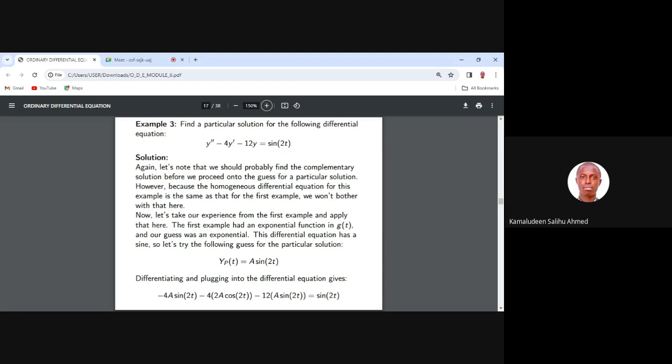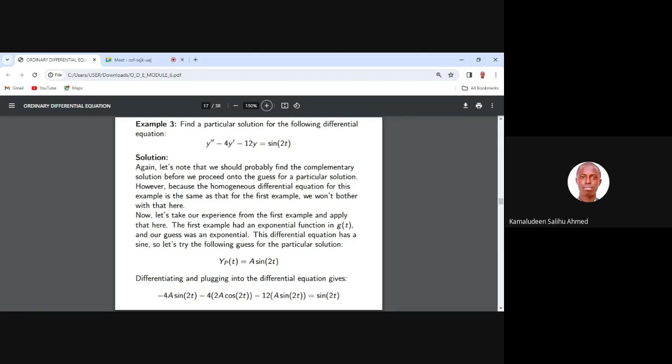So you see that in our example 1, example 2 and this example 3, we are still using y prime prime minus 4y prime minus 12y. We're still using the same thing, so that we only focus on the particular solution. So let's note that we should probably find the complementary solution before we proceed.